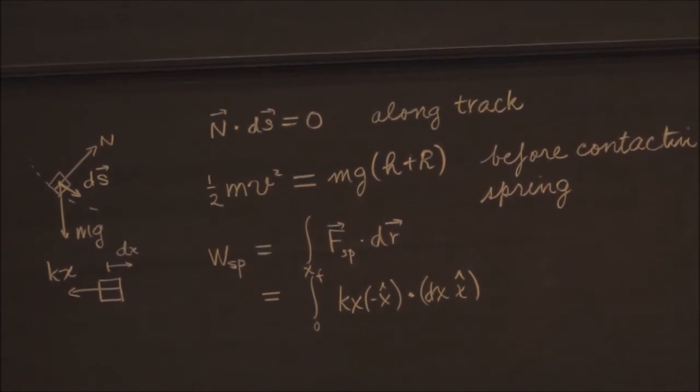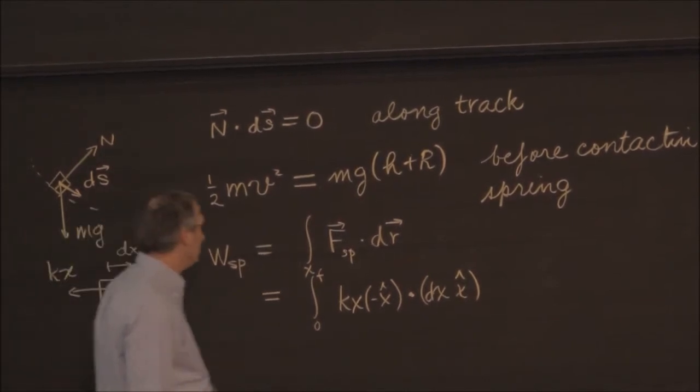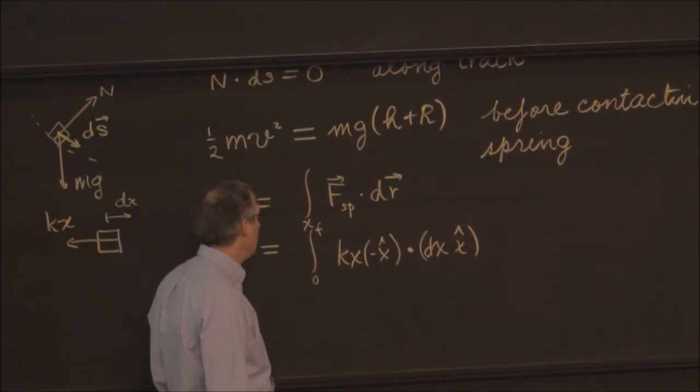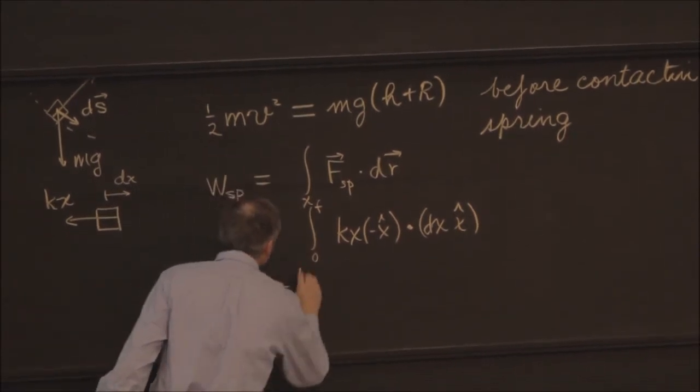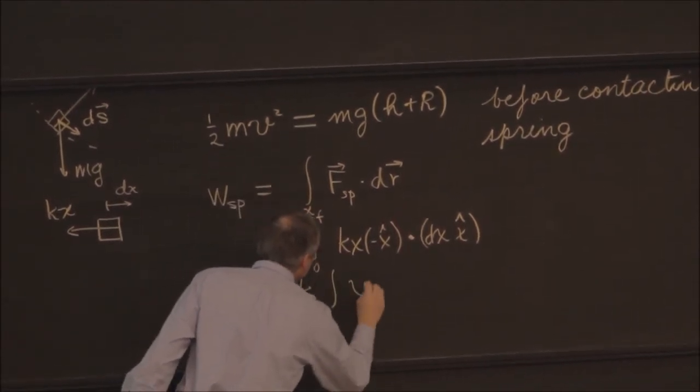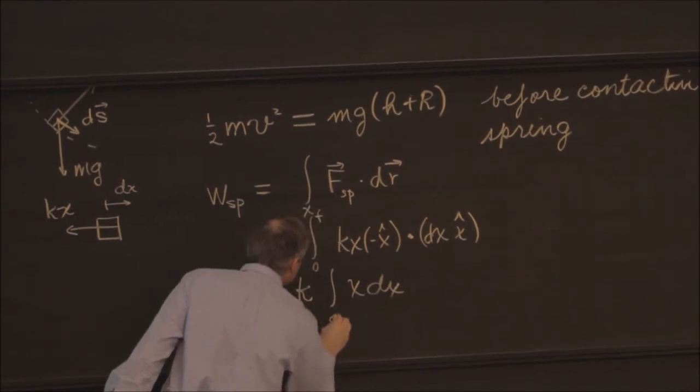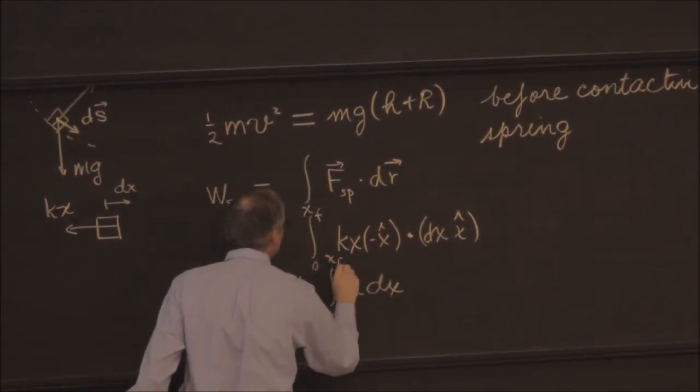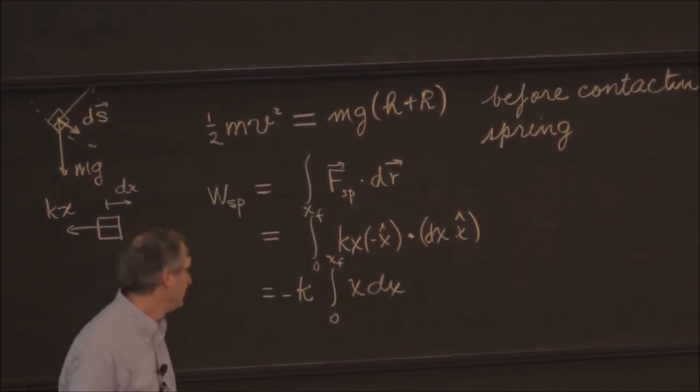Now I can't pull everything out of the integral, but I have a minus k that comes out of the integral. And I have the integral of x dx from 0 to some x final at maximum compression.